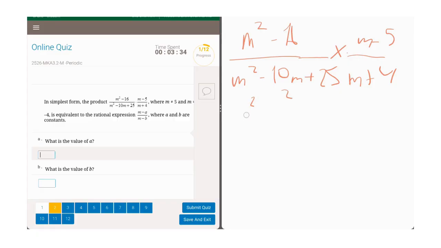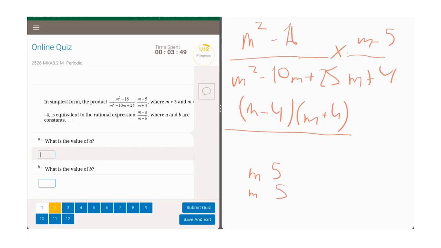We can rewrite this as m minus 4 into m plus 4, and the bottom would be m, 5, we cross multiply, we get 5m. To make it negative 10m, we can put minus here, so minus next to both 5's, multiply both sides, m and negative 5, you get m squared and 25 respectively. And so that means that this can be factored as m minus 5 squared.